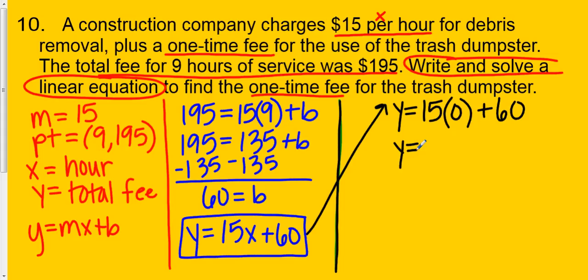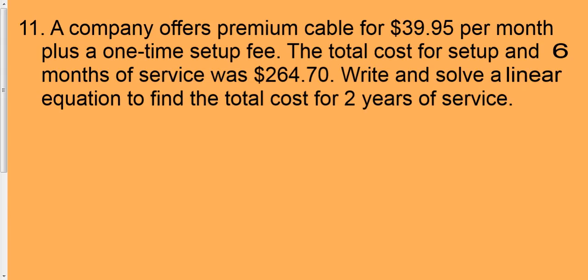And so that line just proves our point that y equals $60. Okay, so again, if you do see this on homework or a test or a quiz, you need to show the appropriate work. All right, let's go ahead and jump to the next one. So I have one more example for you, and then I'll have you do number 12 on your own.